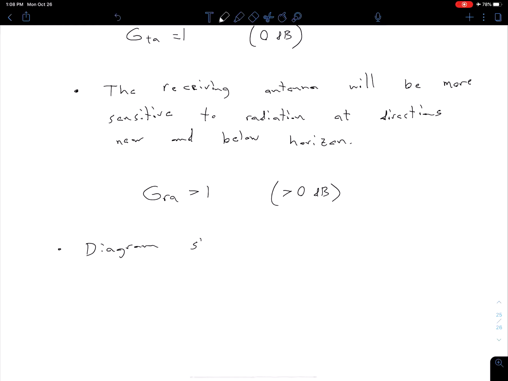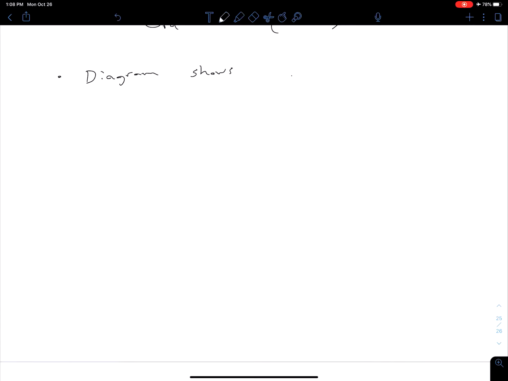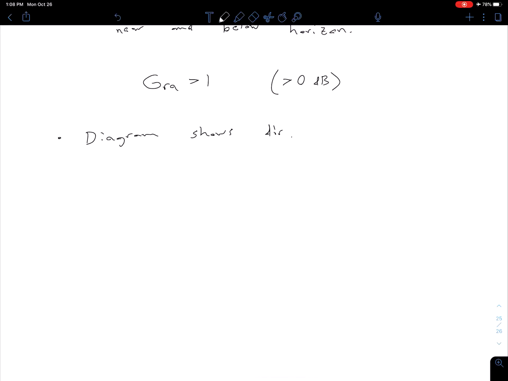So let me just say our diagram shows direct line of sight between phone and antenna. And oftentimes this is not the case.